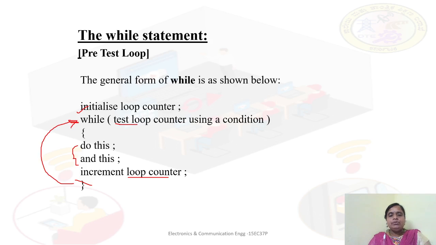This continues as long as this test expression remains true. Once it goes false, it comes out of the loop. Since we have tested this before entering into the loop, it is said to be the pre-tested or entry controlled loop.